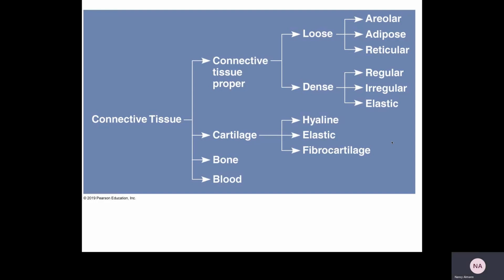But not always, because irregular dense connective tissue is irregular. The supporting connective tissues will be cartilage and bone, and the fluid connective tissue that you need to know for this histology section will be blood.